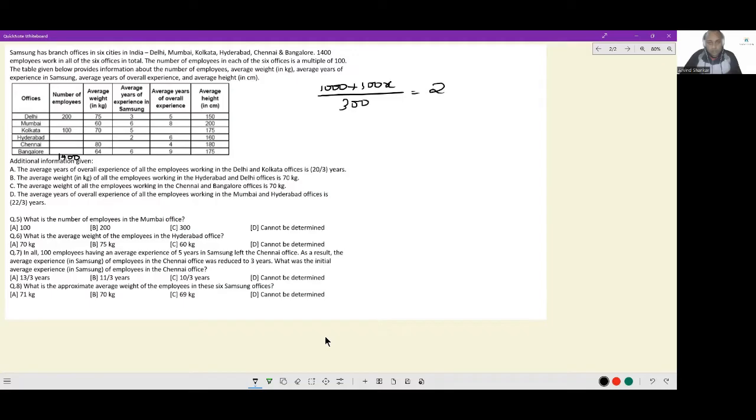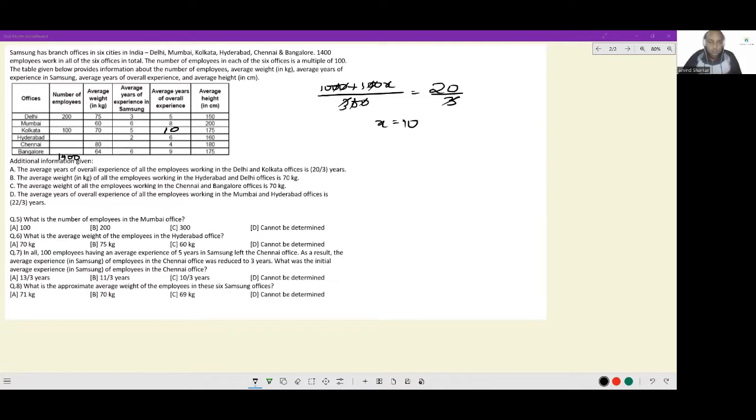And this is equal to 20/3. So the 3s cancel, and x is equal to 10. So the average overall experience of people in Kolkata is 10.